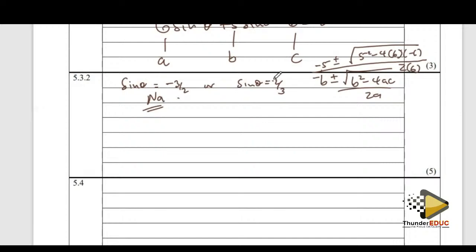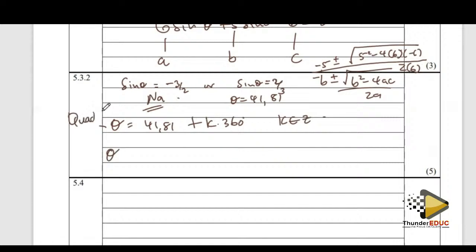Which means I'll be left with the 2 over 3. So shift sine of 2 over 3 is giving me 41,8. So our reference angle is 41,81, and this is quadrant 1. So we shall say 41,81 plus k times 360, which is the period, and k is an element of integers.